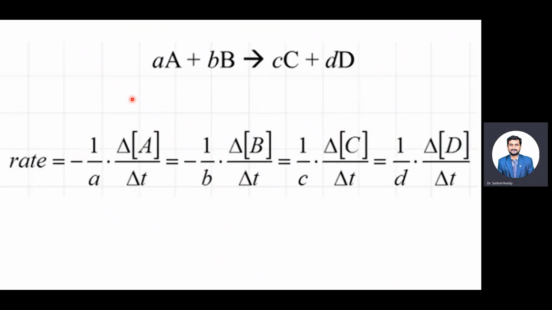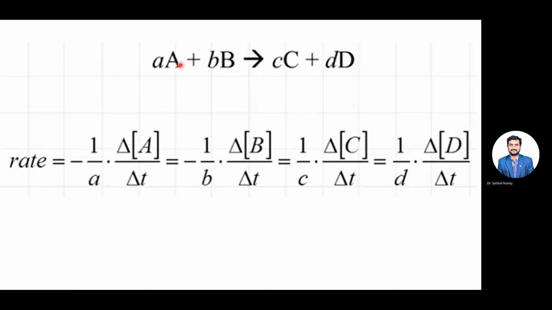So the rate we can also measure by using coefficients. A is the concentration of substance A, B the concentration of substance B, like this. For measuring the rate, we can also use the coefficient equation.